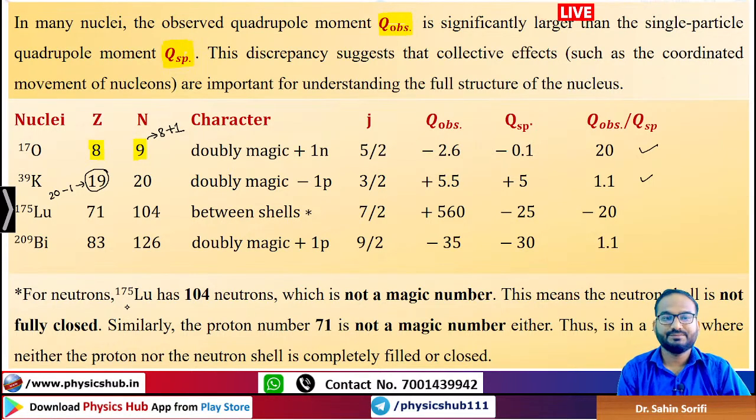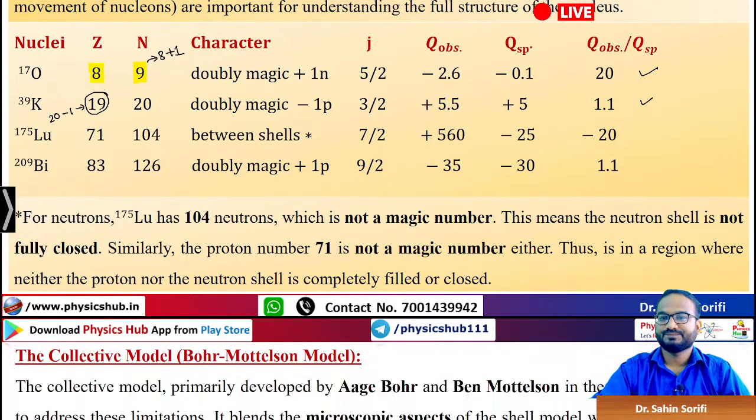For neutrons, 175 lutetium has 104 neutrons, which is not a magic number. This means a neutron shell is not fully closed when it is equal to the magic number. Similarly, proton number 71 is not a magic number either. Thus, it is a region where neither the proton nor the neutron shell is completely filled or closed.